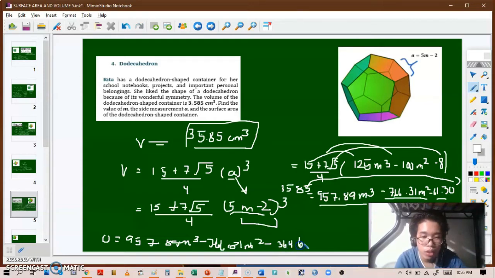And from here we can use the Casio or any kind of scientific calculator that you may have to solve for the roots of m.